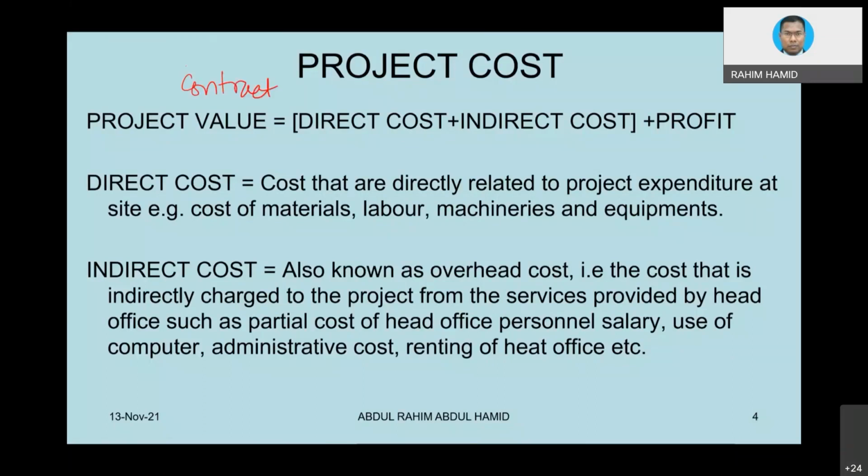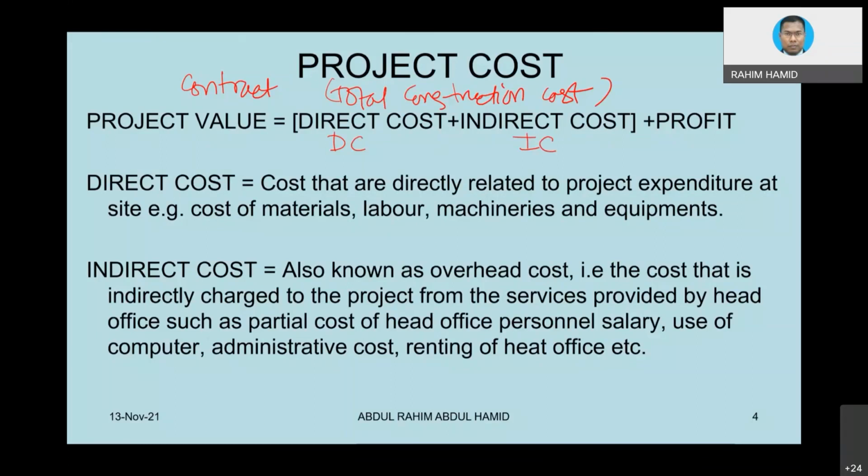It normally consists of total construction cost, which we can divide between direct costs, DC, and indirect costs, or IC. Okay, DC and IC.